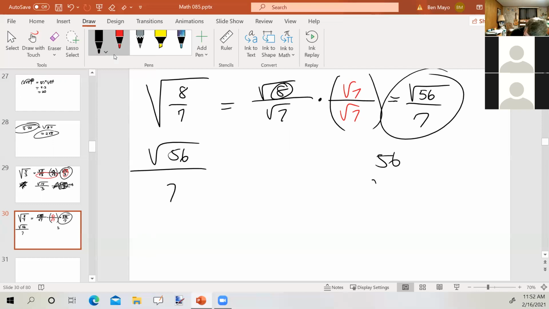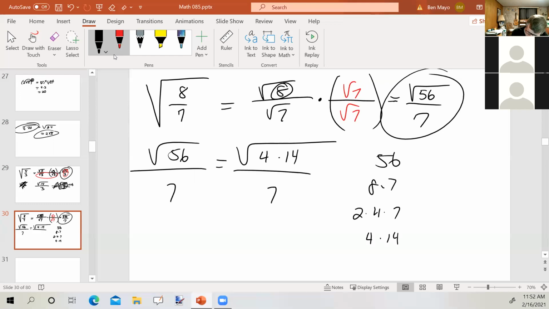Let's take a look at 56, which is 8 times 7, 2 times 4 times 7, 4 times 14. Now why am I doing that? Because that would be 2 square roots of 14 over 7.